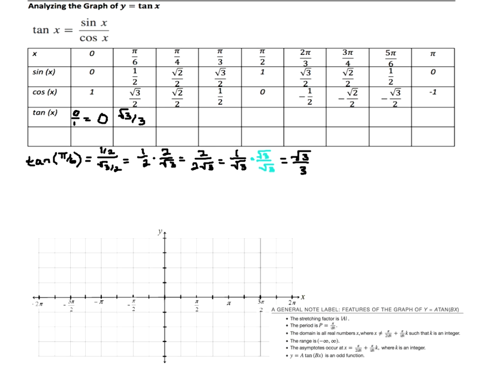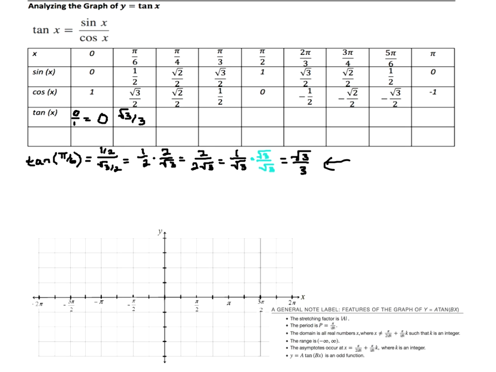Now, I've already completed all of this background math for the whole chart, so I'm not going to walk you through the division of sine over cosine for every one of these. I think the tangent of pi over 6 is a good enough example that you know how to move through the rest of the chart.